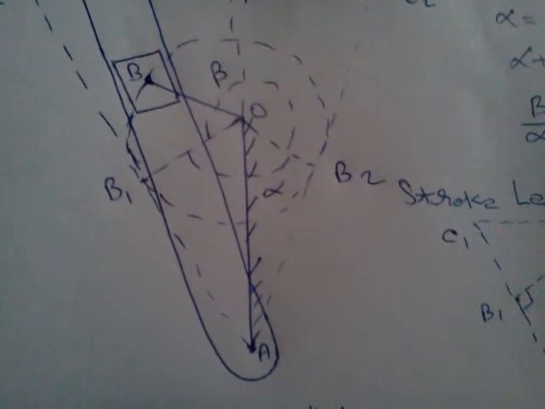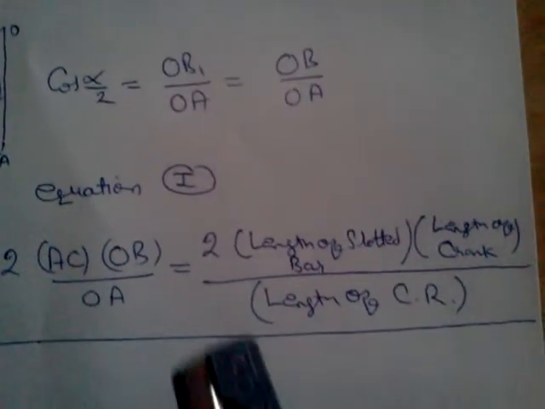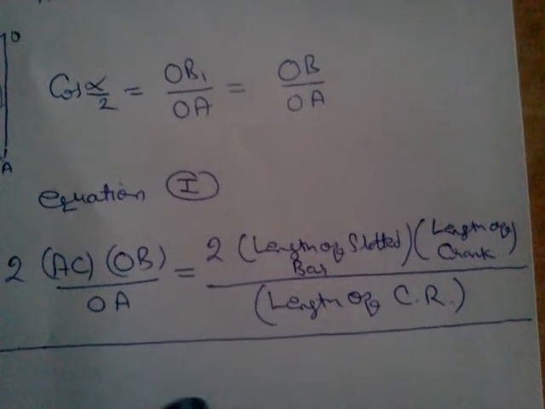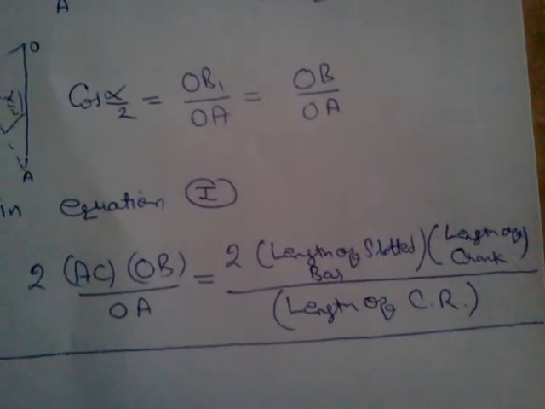Here AC is the length of the slotted bar, OA is the connecting rod length, and OB is the crank length. So it is also equal to 2 times the length of the slotted bar multiplied by the length of the crank divided by the length of the connecting rod.